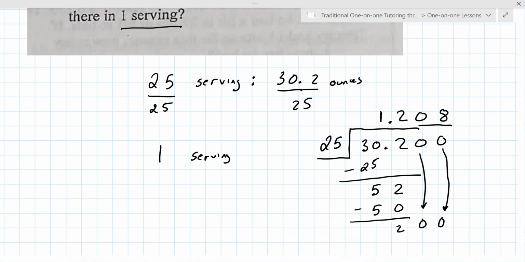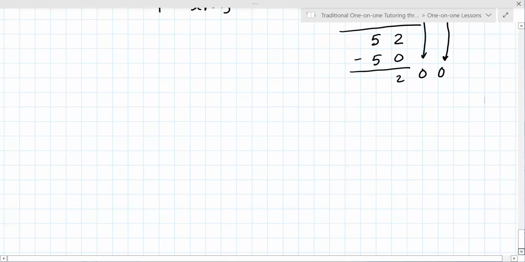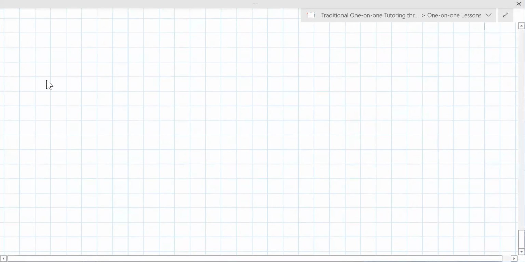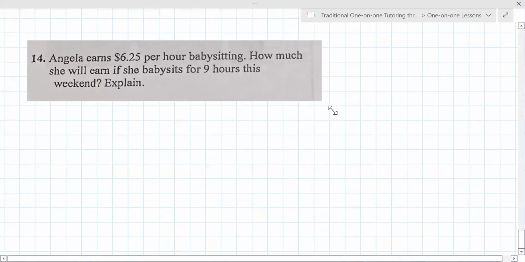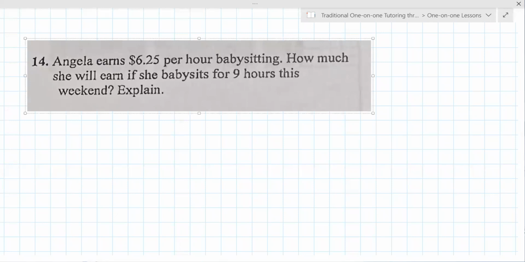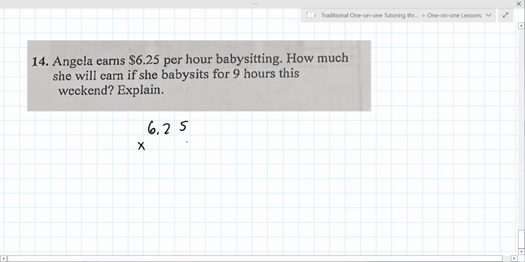Point two zero eight. Yes. So we've done a bunch of division problems. Now I think we've got a couple of multiplication problems coming up here. So let's take a look at 14. Okay, it says Angela earns $6.25 per hour babysitting. How much will she earn if she babysits for 9 hours this weekend? Multiply by 9. Yeah, 6.25 times 9.